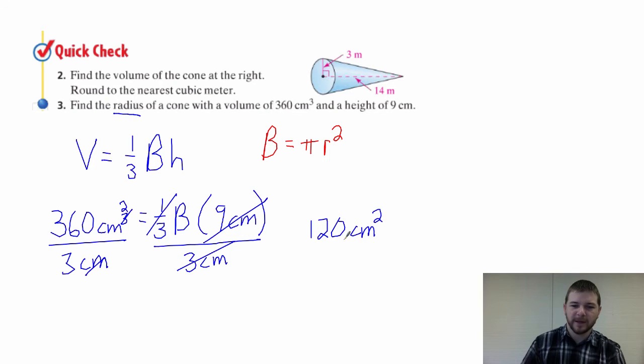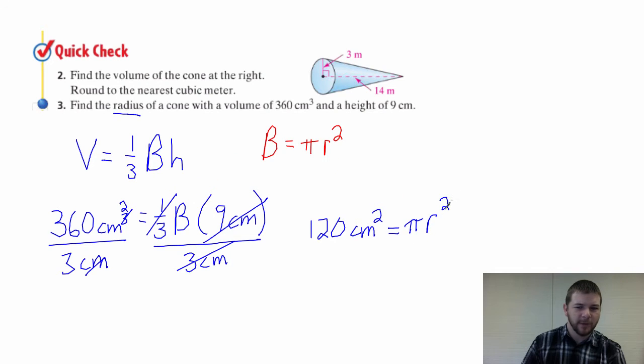So 120 square centimeters is the area of our base. Again, we're kind of working backward. We knew the volume, and we're trying to find one of the other measurements of the cone. So that equals pi times our radius squared.